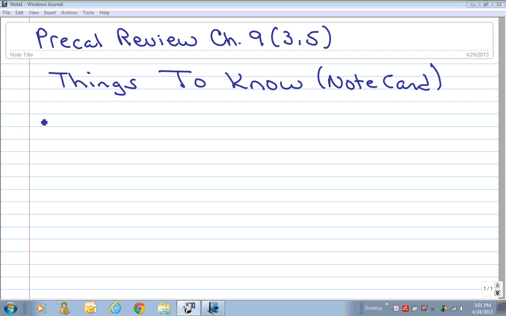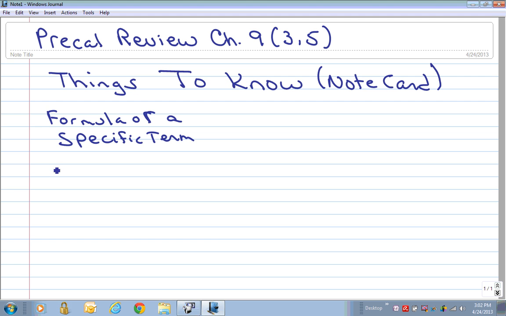For a specific term, you want to use a sub n equals a sub 1 times the ratio raised to the n minus 1 power.